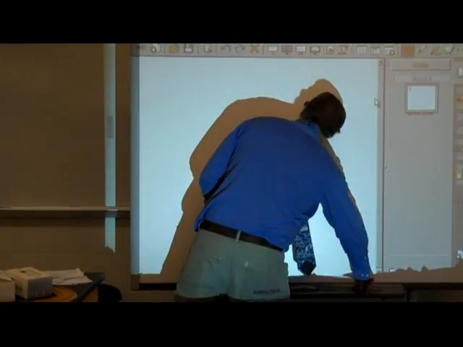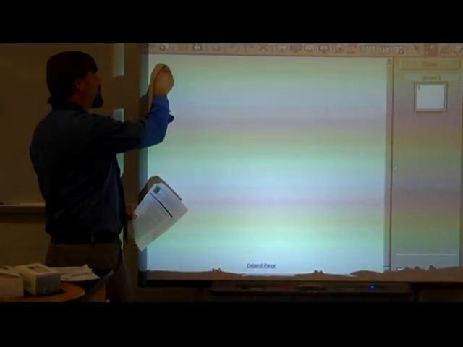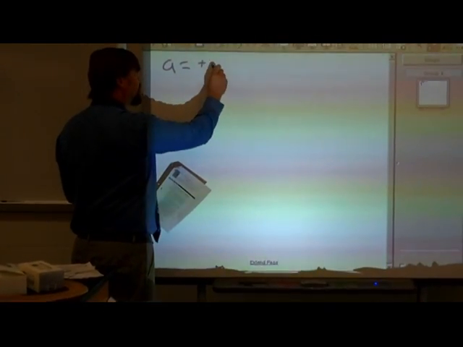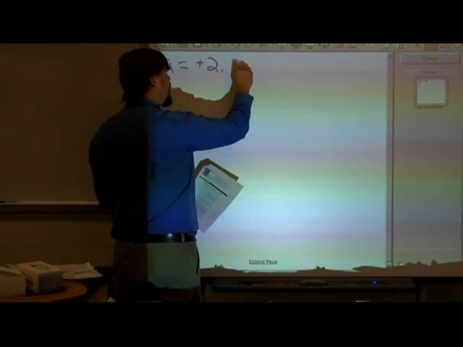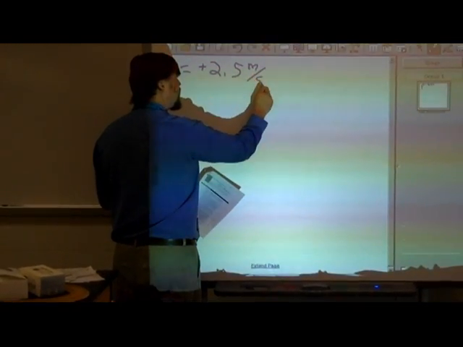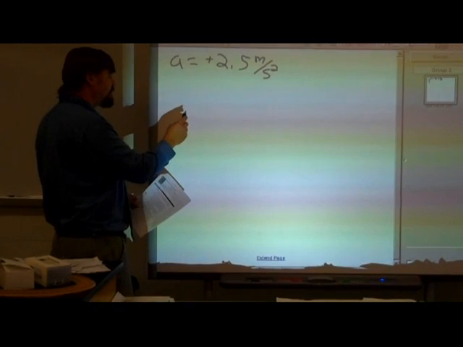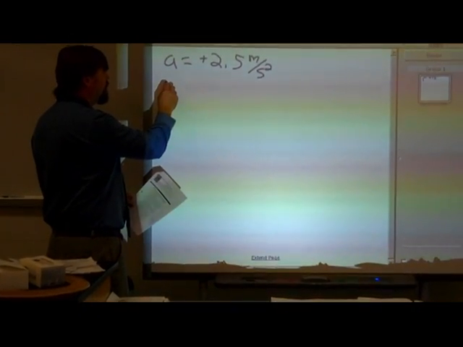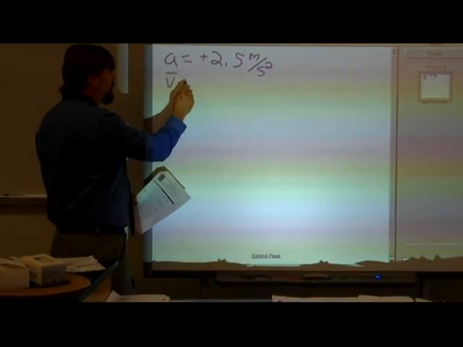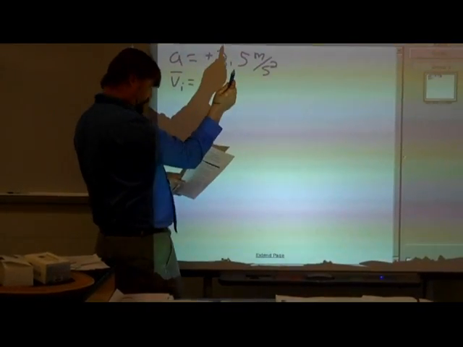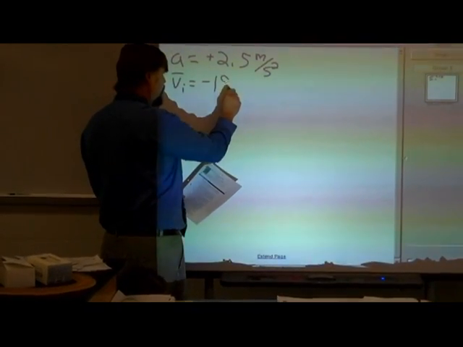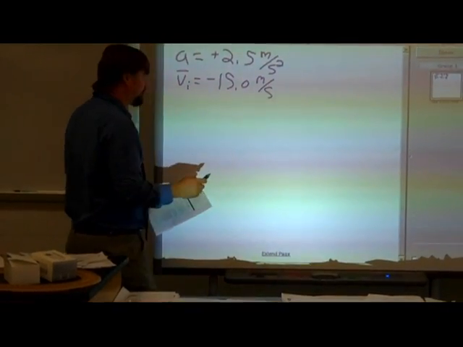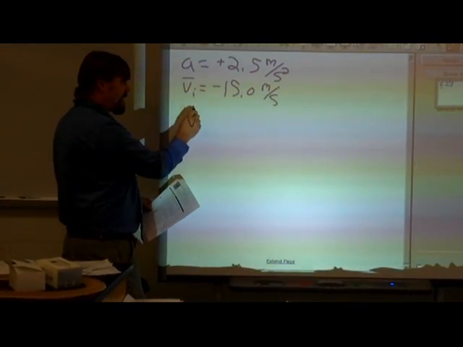All right, so let's write down what's given to us. We're given an acceleration of plus 2.5 meters per second squared, and we have an initial velocity of negative 15.0 meters per second, and we're going to come to a stop.